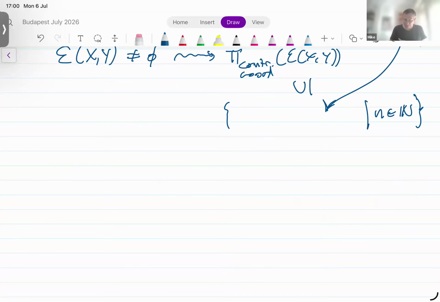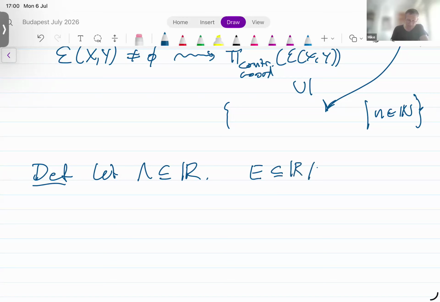So this is, as I said, the second subject I want to talk about. So I'll define this generally. Let lambda be a set of real numbers. A subset E of the torus is a lambda set. Now, sometimes it's called a lambda multi-rotation.